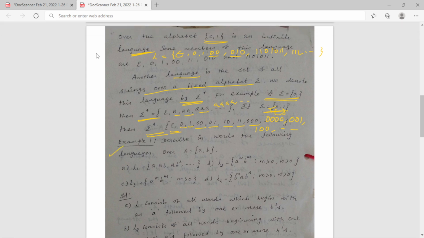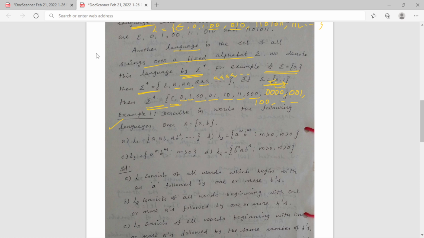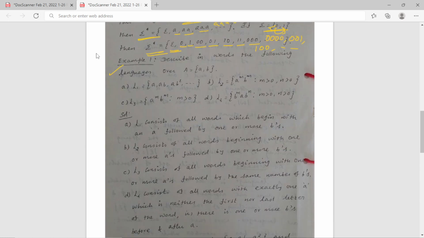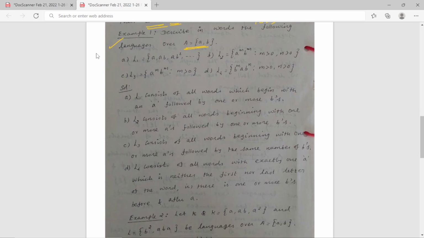Next, let us move on to an example. Let me describe in words the following languages over the alphabet. Here I take the alphabet A instead of sigma. So A is equal to the set consisting of the symbols a and b.